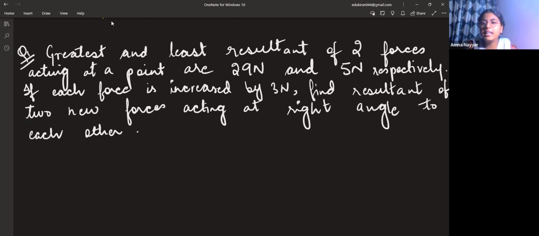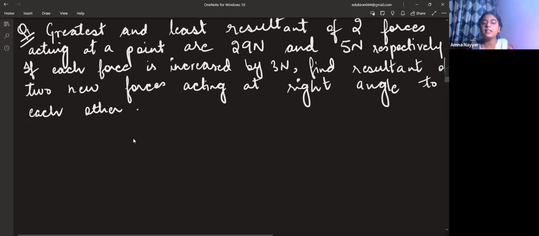See, greatest and least resultant of two forces acting at a point are 29 Newton and 5 Newton respectively. We have just seen two cases, where one was the maximum value, A plus B, and one was the minimum value, A minus B. When it says greatest resultant, that is a hint that the sum of both vectors is given to you.